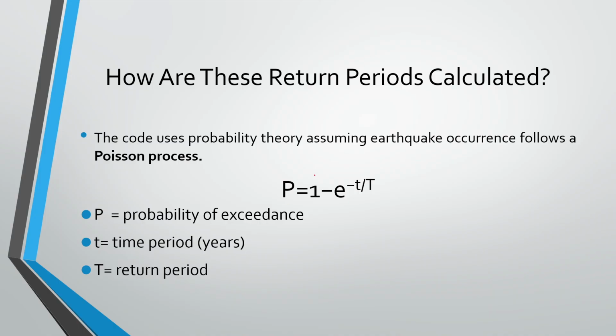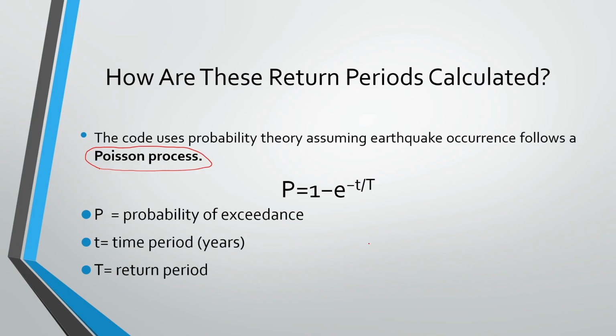For that they have used the Poisson's process. Earthquake occurrence is assumed to follow a Poisson's distribution or process, which means earthquakes occur randomly and past earthquakes do not control future earthquakes.